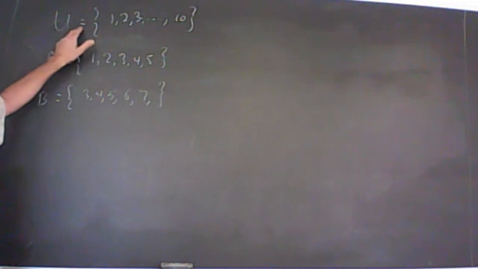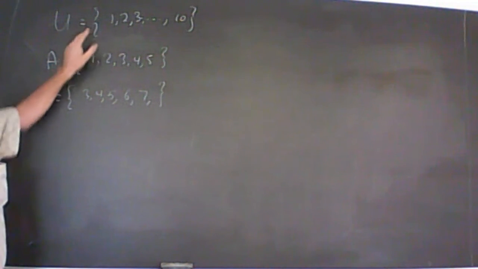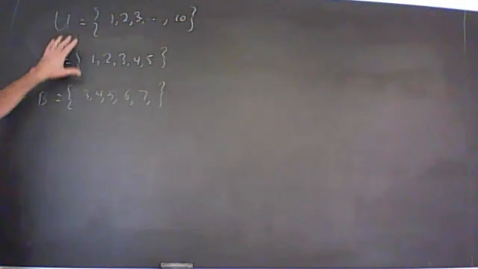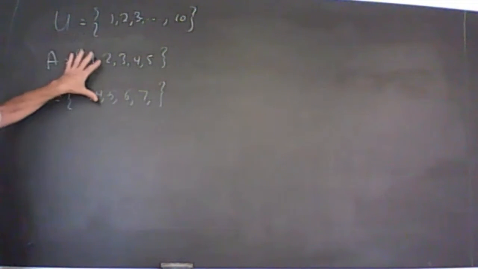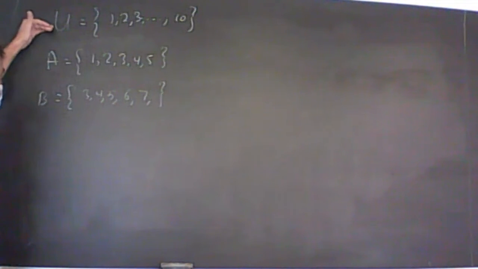Notice A and B, both of these are part of U. So I'm going to make a big one over here, and inside it I'm going to put the subsets.